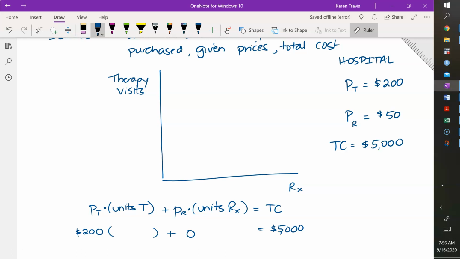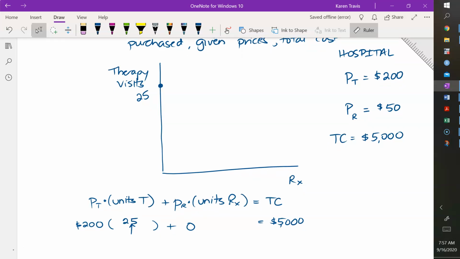This is found from the $5,000 divided by the $200 per unit. So 5,000 divided by 200, and I'm going to get 25 units are possible. So that means 25 therapy visits is going to yield $5,000 in total cost.